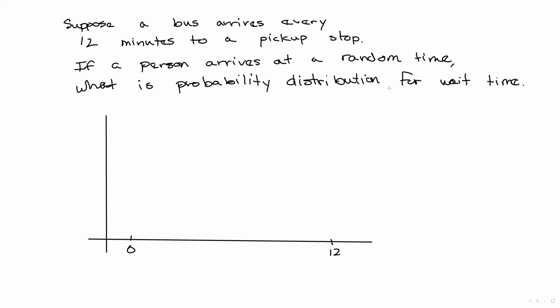Now, if you're arriving at a random time, then the probability of any given time, they're all the same. So you're going to have the same height bar all the way across the top here. Every single outcome is equally likely. No outcome is more likely than another if you arrive at a random time. And so our probability distribution in terms of our graph looks like this.